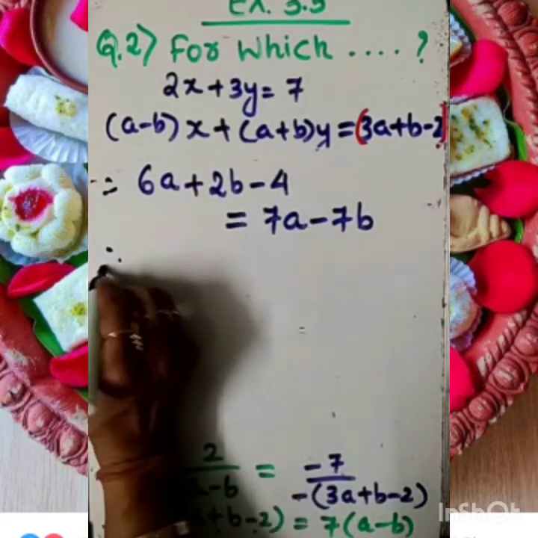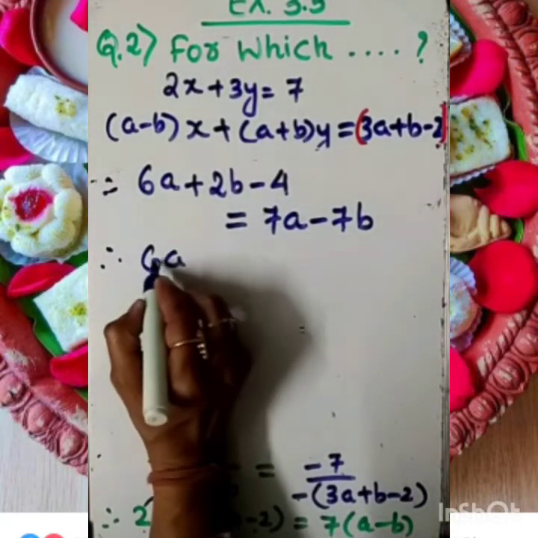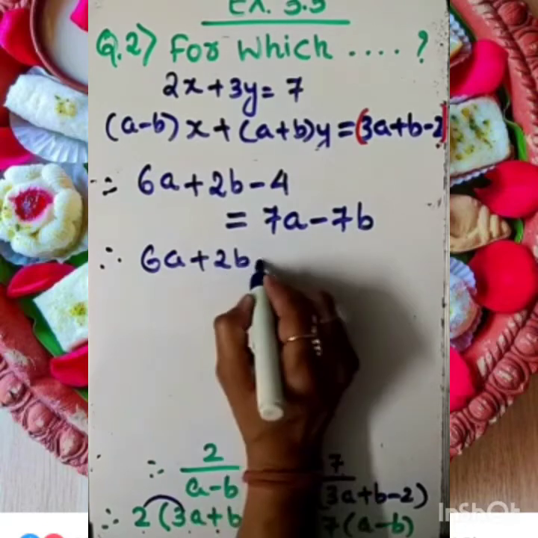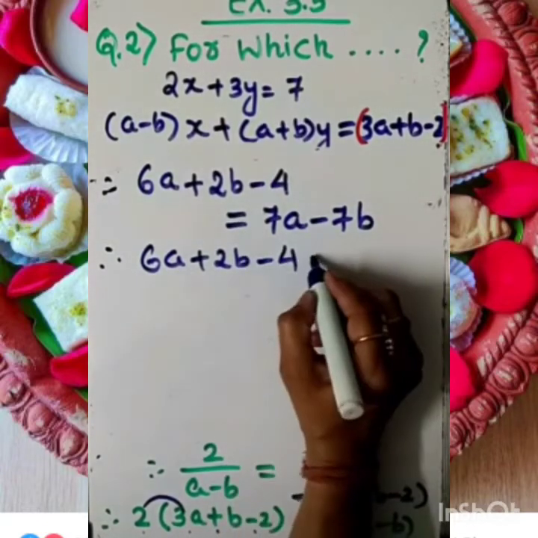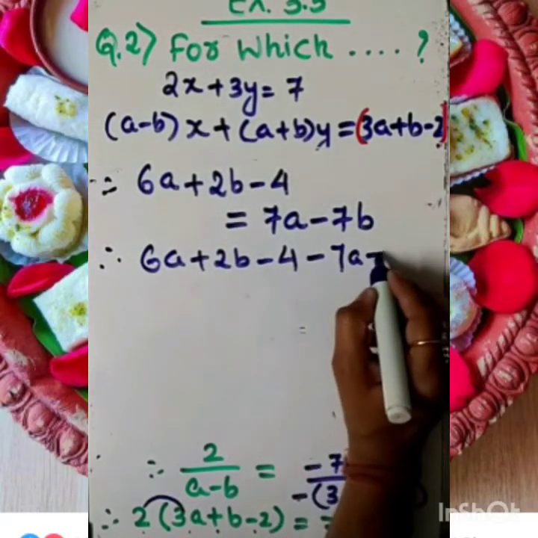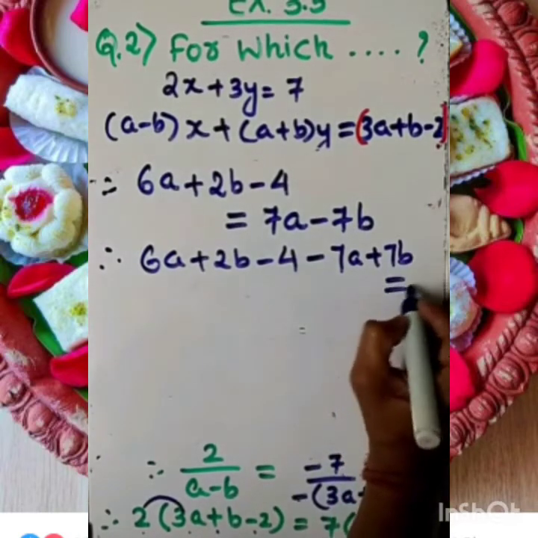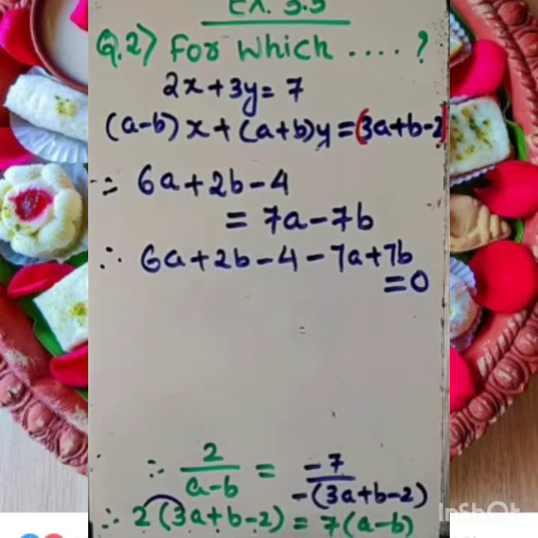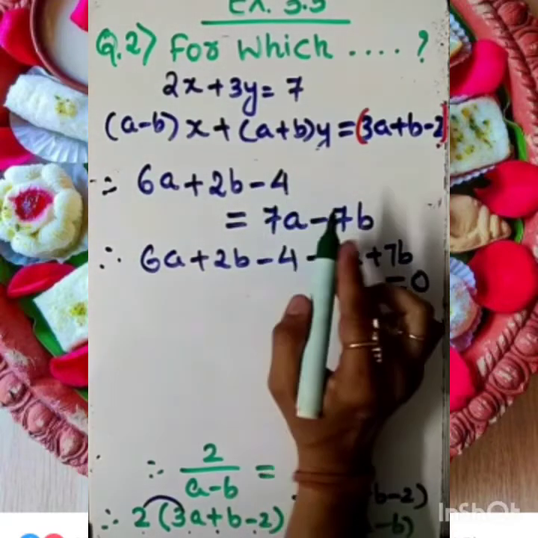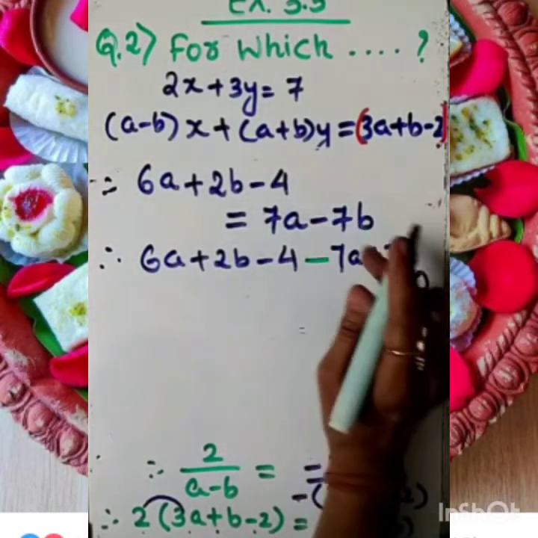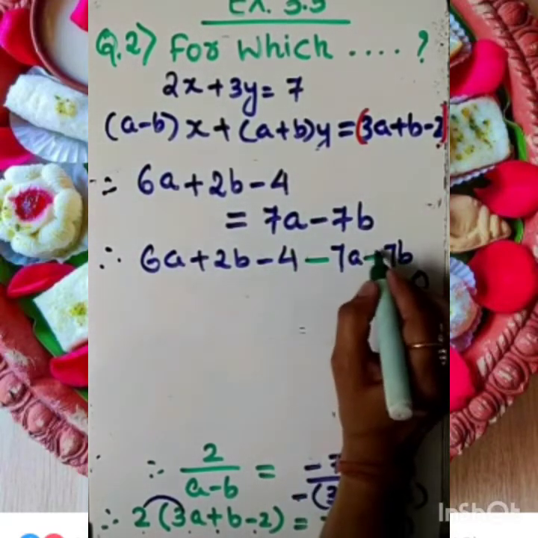Let's simplify. We know that 6a plus 2b minus 4. Let me bring all these terms to this side, so the sign will be changed, equal to 0. As it is positive here, this will become negative. Here minus, so this will become plus.